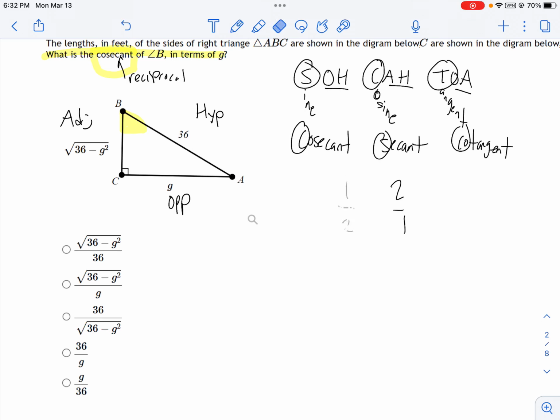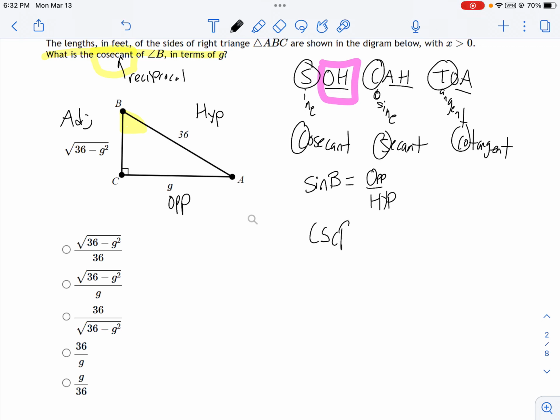So sine of whatever angle, in this case B, is the opposite over hypotenuse, those two sides. That means that the cosecant of angle B has to be the hypotenuse over the opposite side, simply because we know that the reciprocal of sine is cosecant. Reciprocal just means flip.